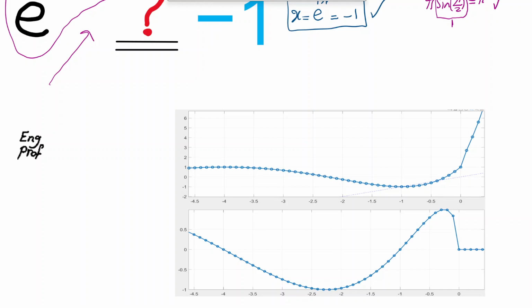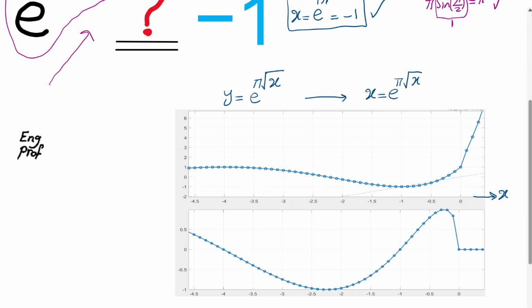The x-axis here is the input to the equation y equals e to the pi root x. We are chasing whether we can have x equal to e to the pi root x, which we found the answer to. I'm just trying to highlight what we are observing visually.